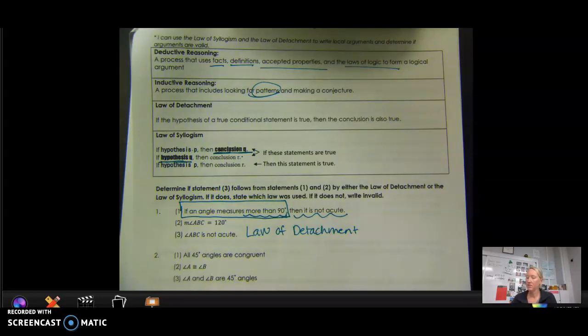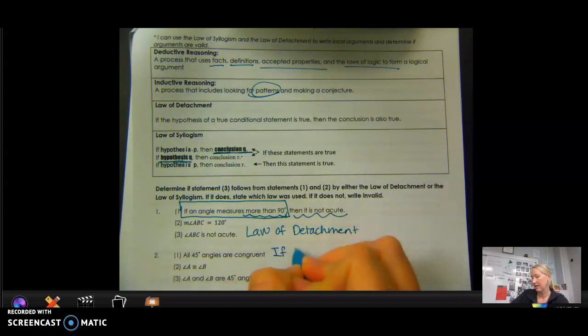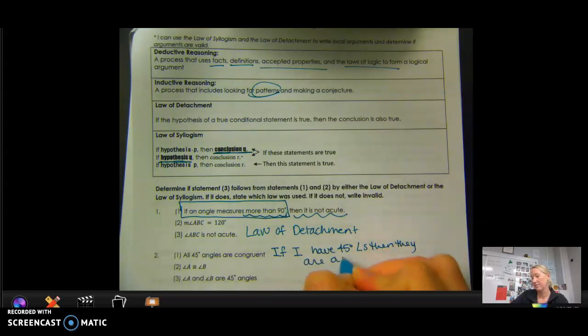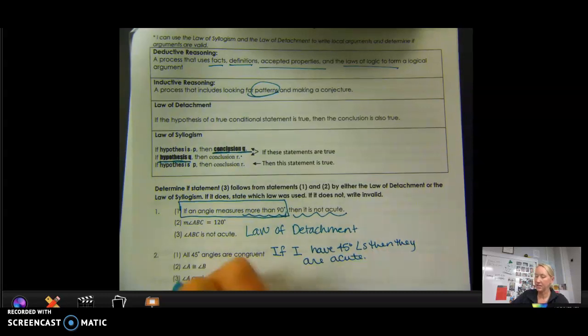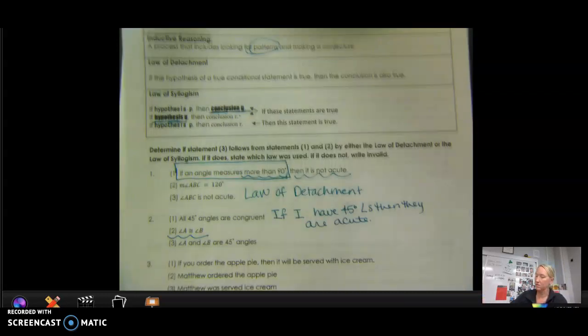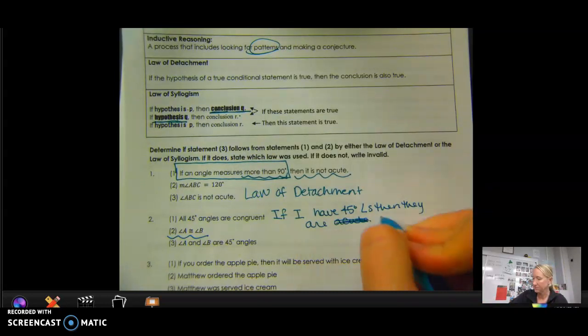All 45-degree angles are congruent. So if this were an if-then statement: if I have 45-degree angles, then they are congruent.